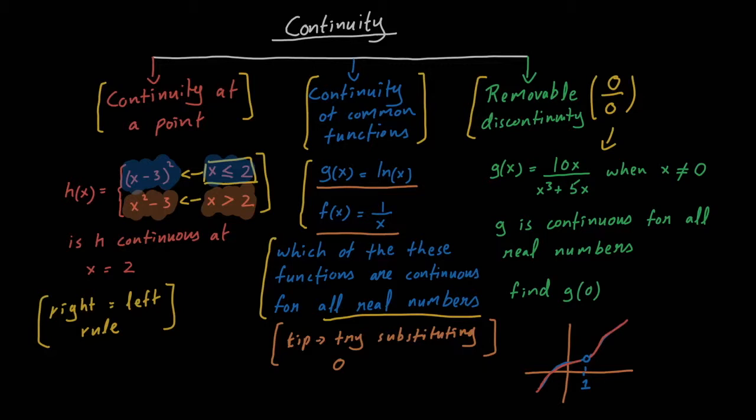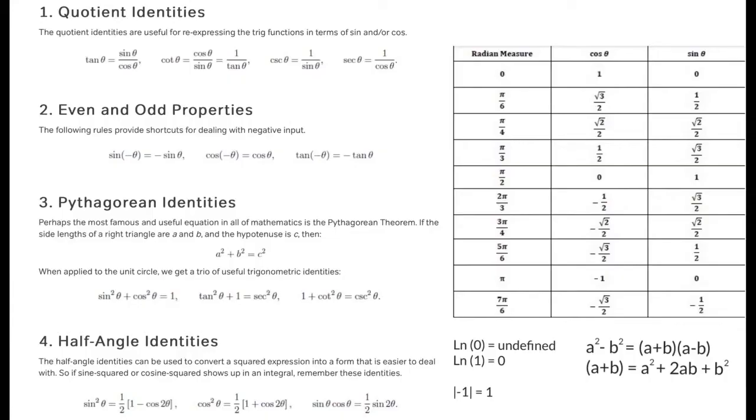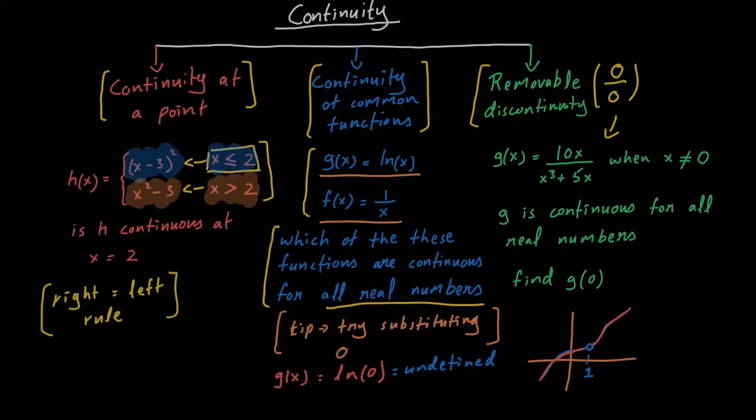So let's try substituting 0. The first one is g of x, ln 0. Now what is ln 0? Let's jump to our formula sheet to find an answer. Here we have the functions for ln, and we see that ln of 0 is simply undefined. As ln of 0 is undefined, it means that it is not continuous for all real numbers, so we can cancel this off.